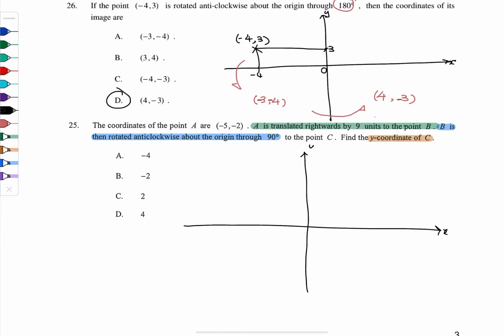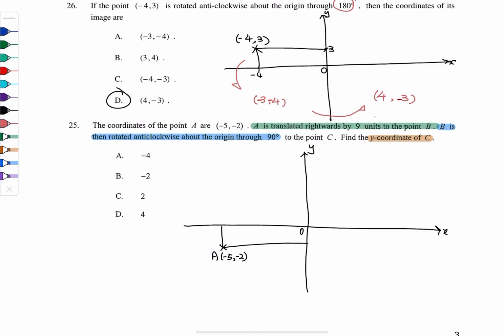X, Y. Coordinate A is negative, negative. Both are negative, so it's somewhere here. So negative 5 and negative 2. A is somewhere here. A is translated to the right side, 9 steps.